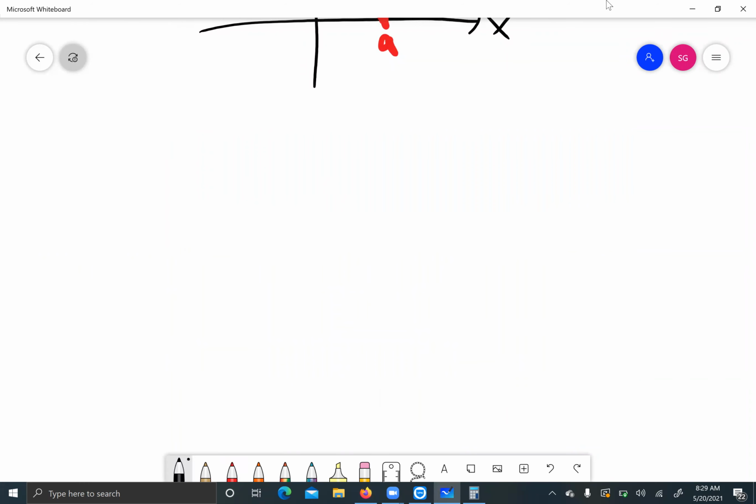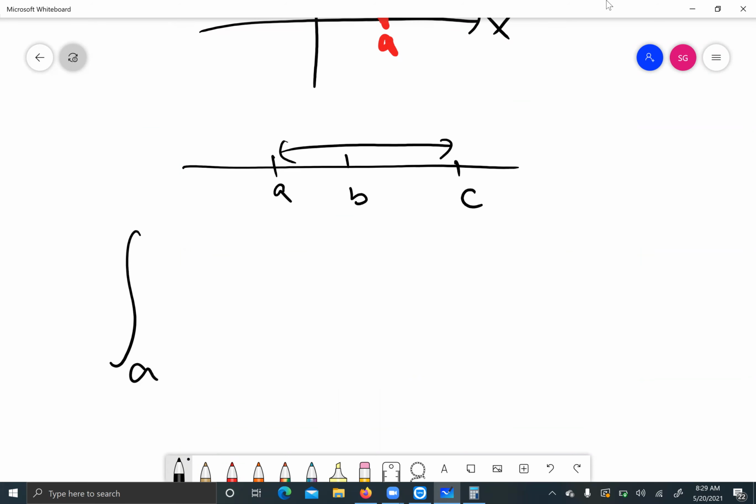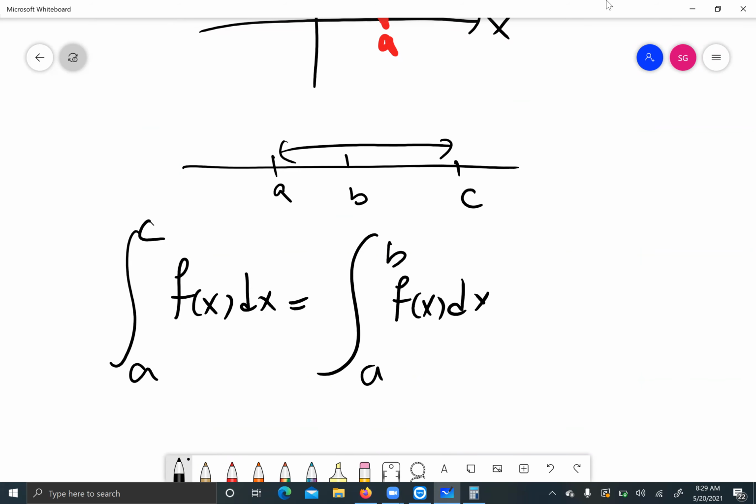Suppose this is A, B, C. Okay, so the integral from A to C of a function is the same as taking the integral from A to B and then adding the integral of f from B to C.